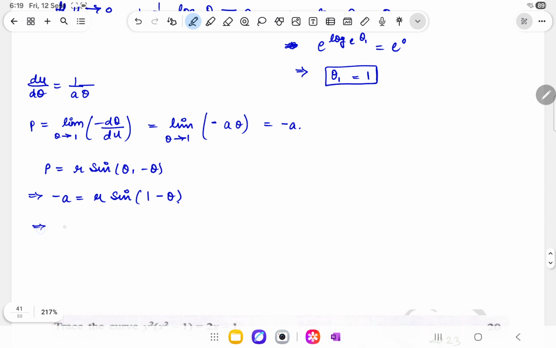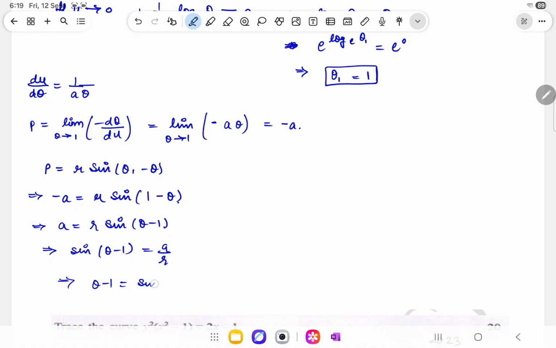So from here I'll be getting a equals to r sine of theta minus 1, that basically gives me sine of theta minus 1 equals to a by r, or theta minus 1 equals to sine inverse a by r. So from here I got my theta as 1 plus sine inverse a by r.